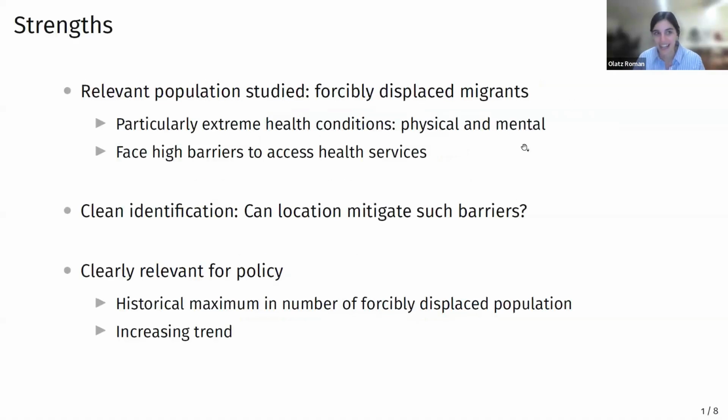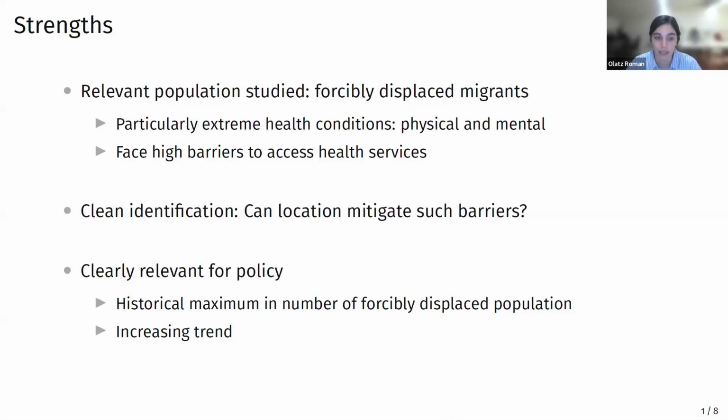All right, so just in the interest of time, I will skip summarizing the paper that we just saw. Let me take a second though to talk about the strengths that I think the paper has. First, I think it's undeniable that the population that Shobhit is studying is incredibly relevant. These people are in particularly extreme health conditions, both physically, because of what they had to go through to get to the Netherlands in this case, but also mentally, because of the situation that they experienced both in their countries of origin and the whole way.